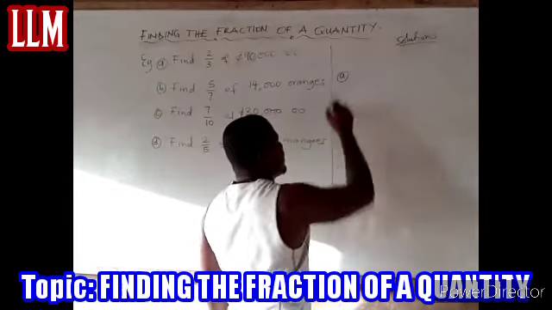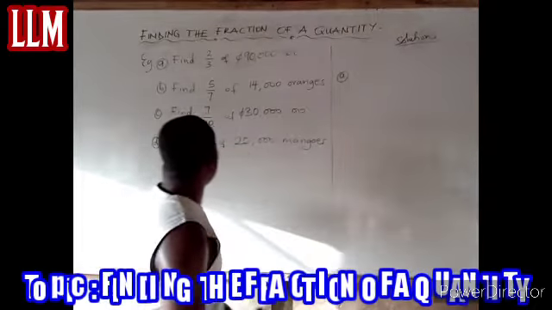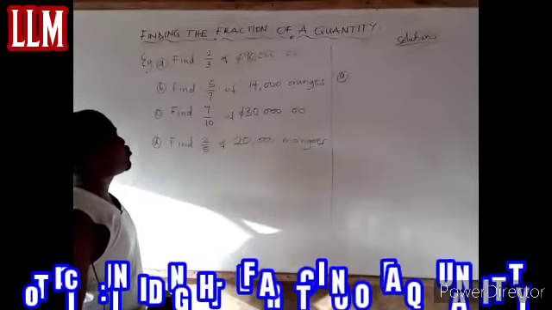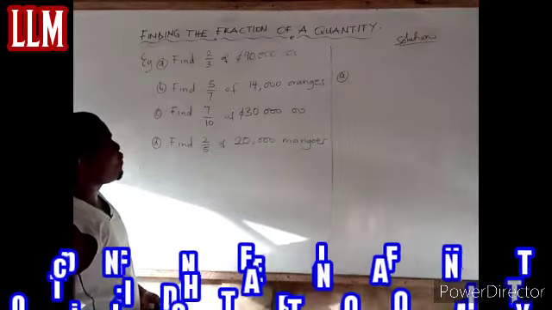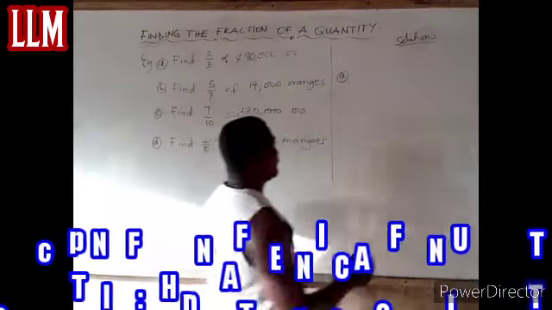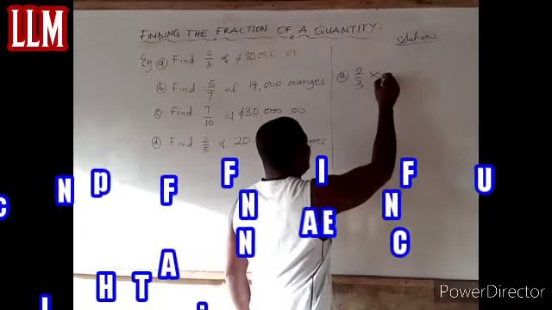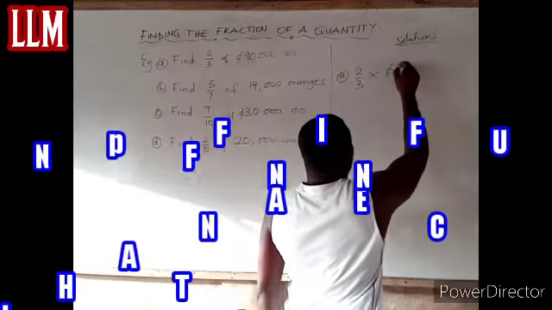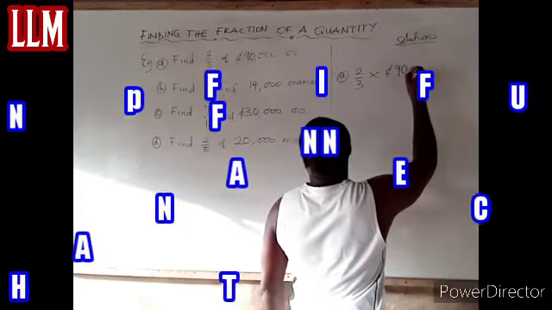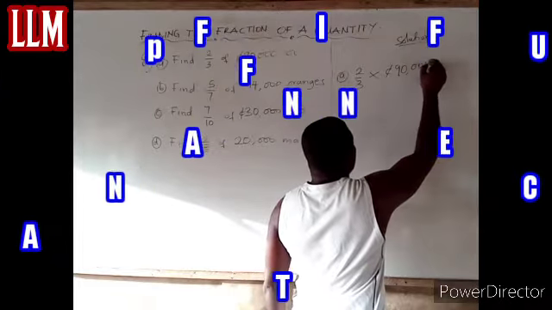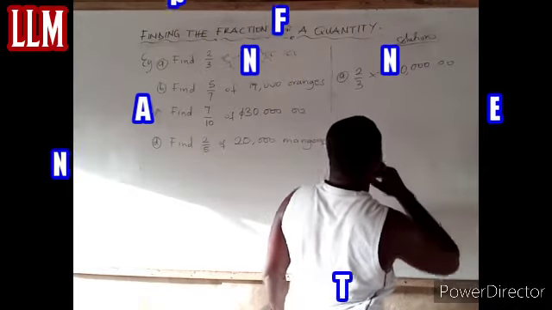A. As I said earlier, the fraction here is 2/3. So we are going to get 2/3 multiplied by 90,000 cedis.